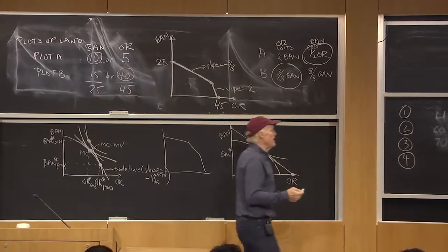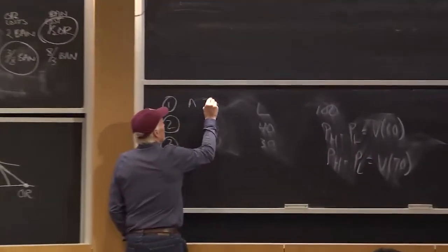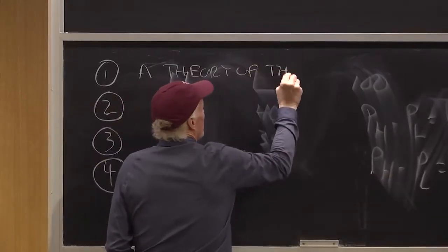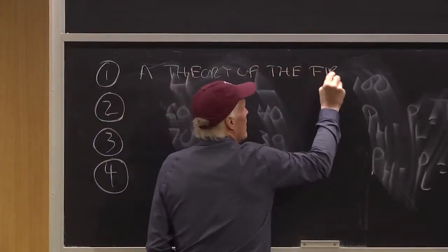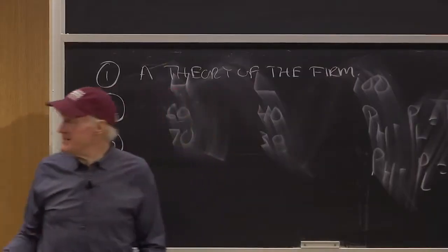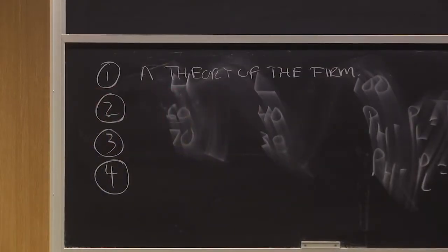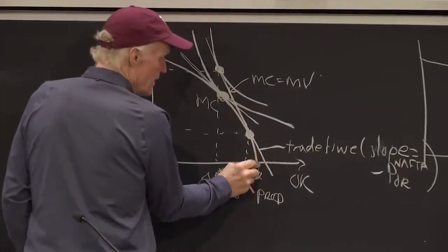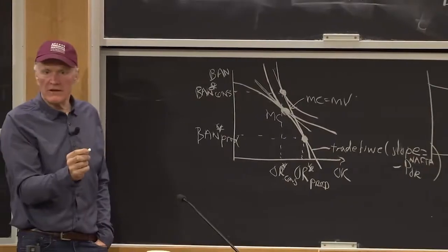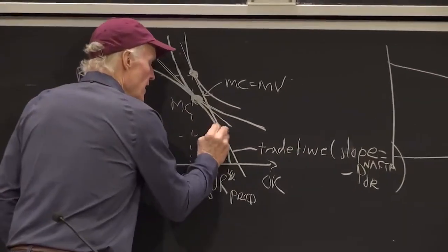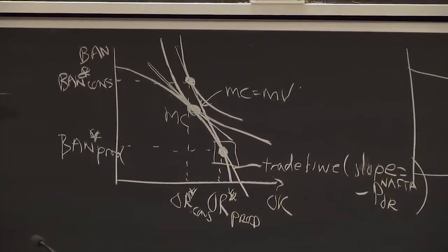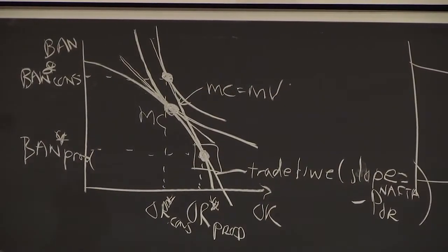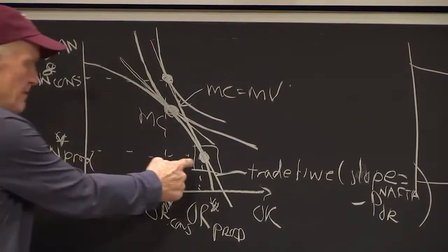So I would call that a theory of the firm. That is, we could, in this example, talk about a firm as owning this production process and a firm as choosing that point. And what allows me to think of this as a theory of the firm is I don't have to know who this guy is to know he's going to pick that point.